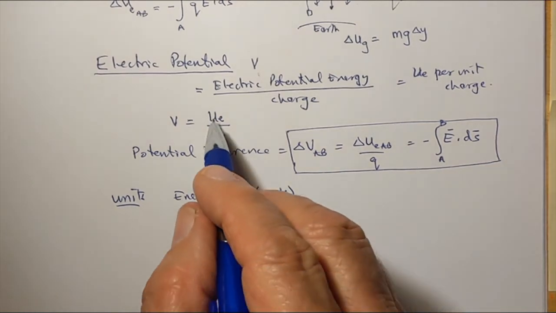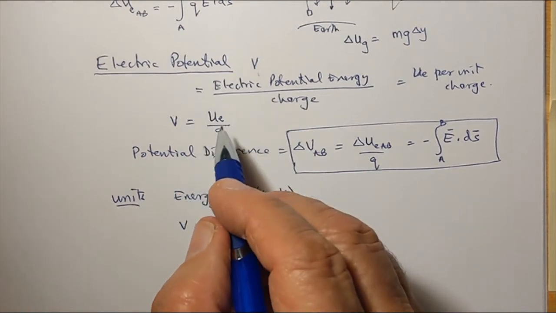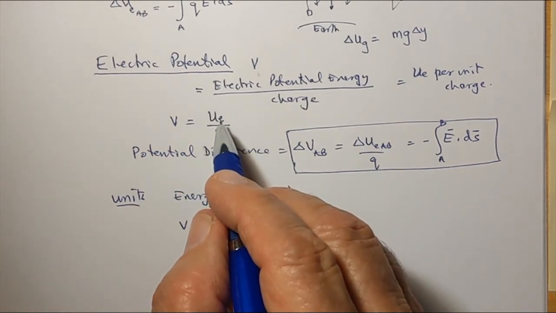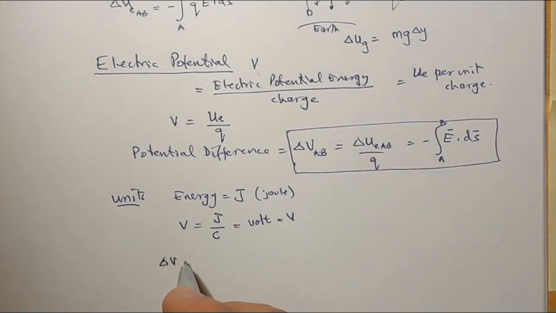Now we can also write it slightly differently. If we take this equation, the delta V is minus E dot ds. So this is a volt. The electric field is newtons per coulomb, and the ds is a meter.